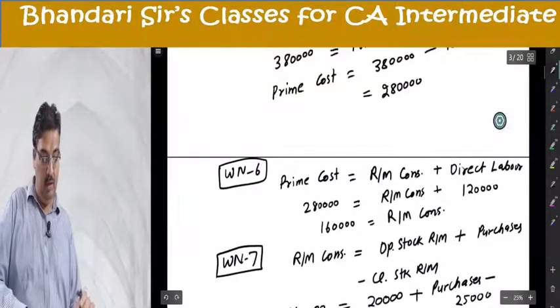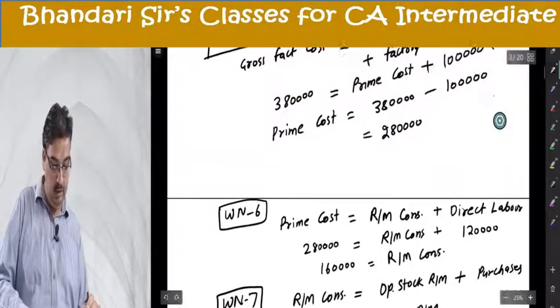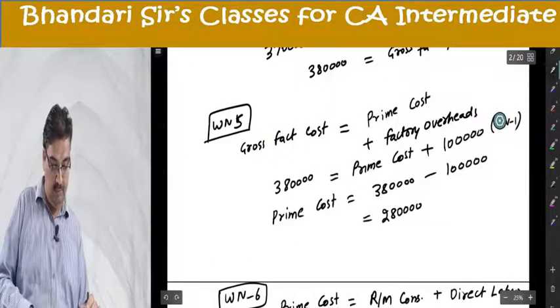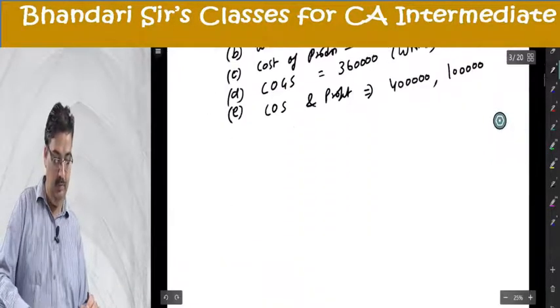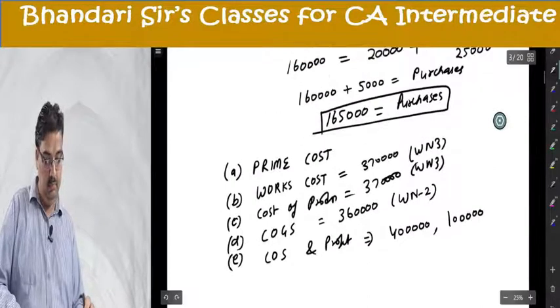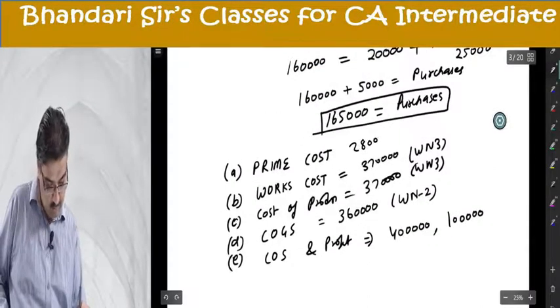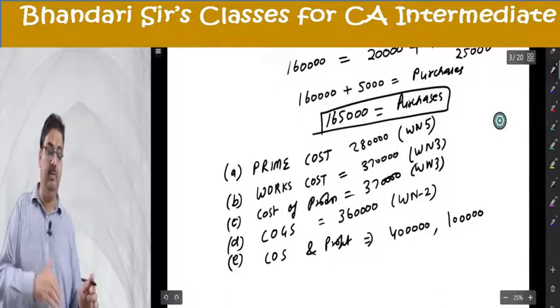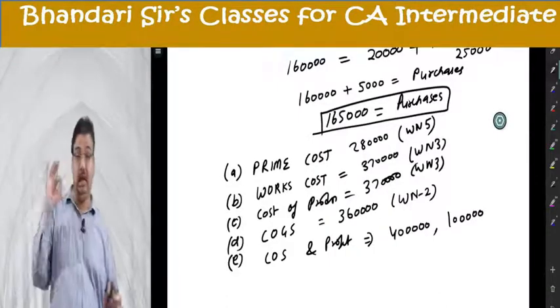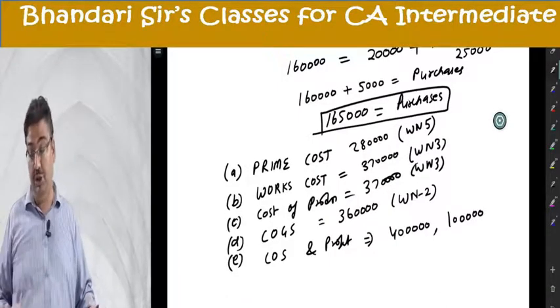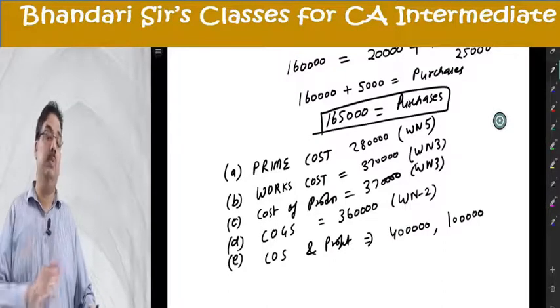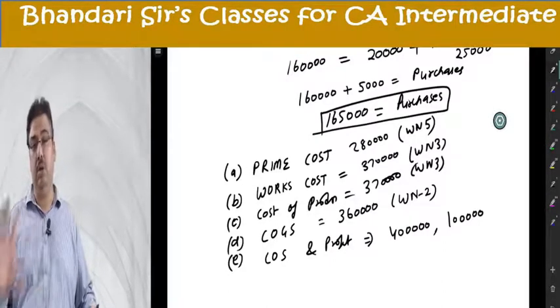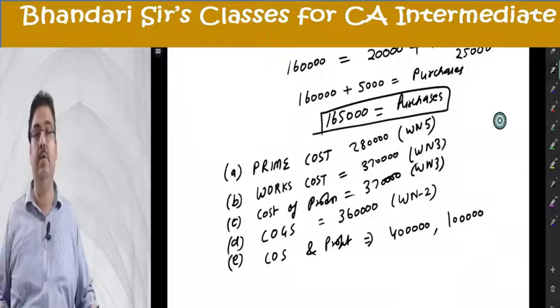And prime cost I computed in working note number 5, 2,80,000. If the question said compute these items, this was the answer. But the question is clearly saying prepare a cost sheet showing all these. So prepare in the same format the cost sheet which will get all these items.